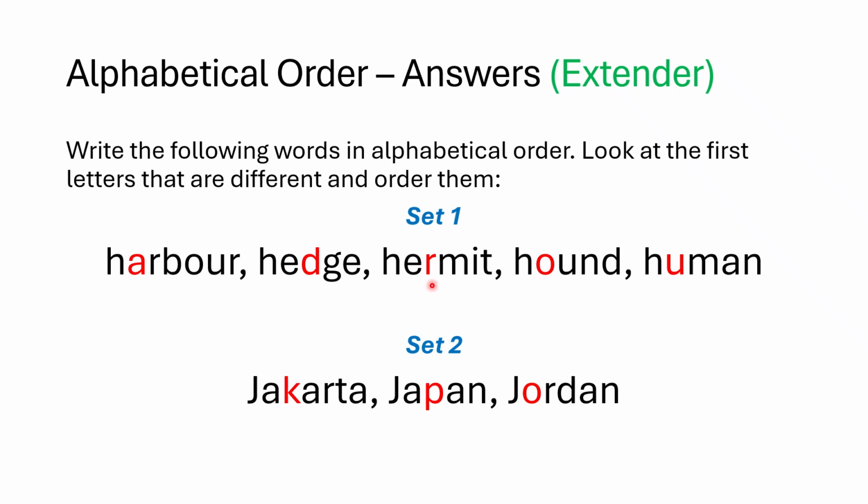D, R. The second letter in hound is O, which comes after the letter E, and the second letter in human is U, which comes after the letter O. Set 2, Jakarta, Japan, Jordan. Jakarta and Japan both start with JA. Their third letters are different. K comes before P. The second letter in Jordan is O, which comes after the letter A.